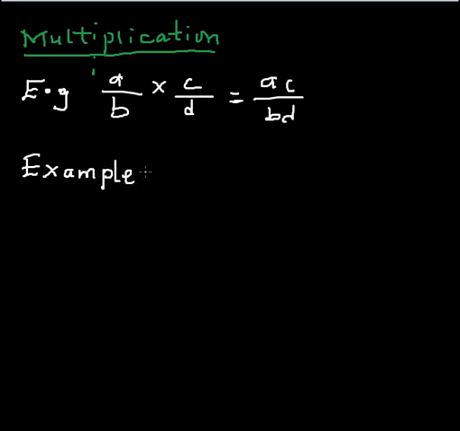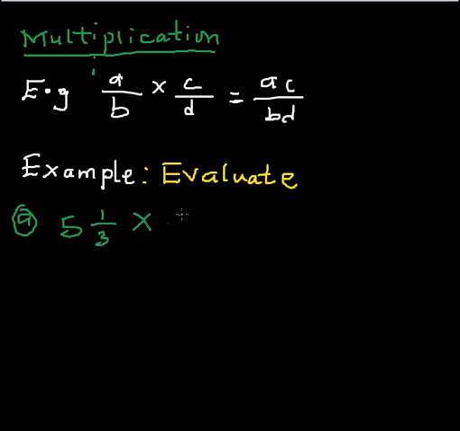Evaluate the following. Part A of the question: 5 whole number 1 all over 3, times 6 all over 7.